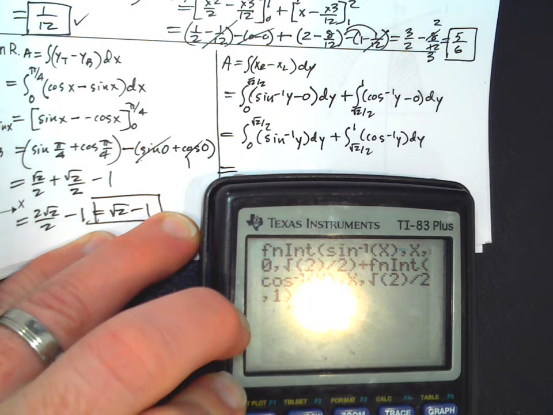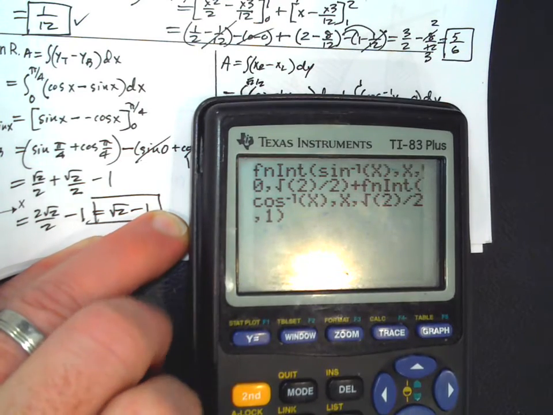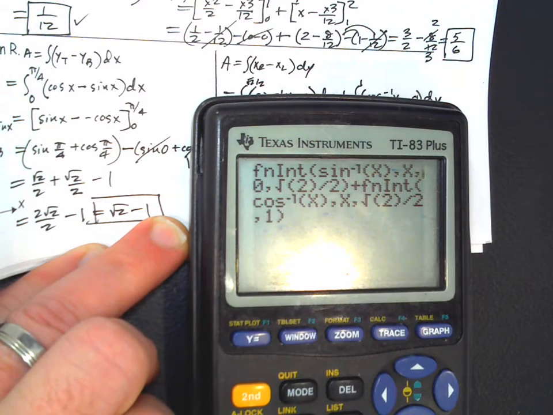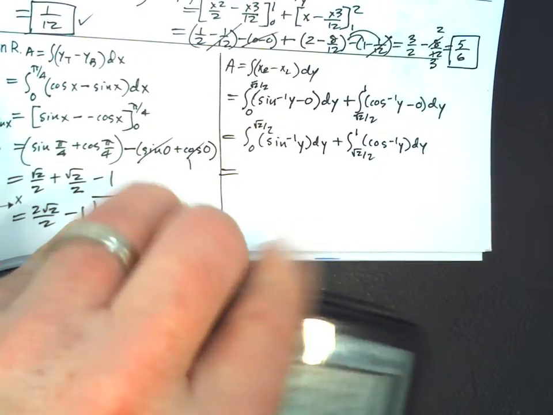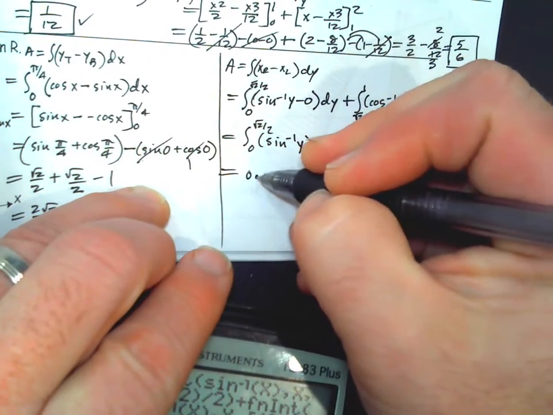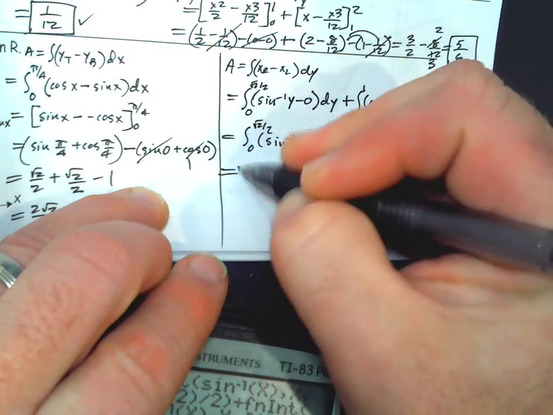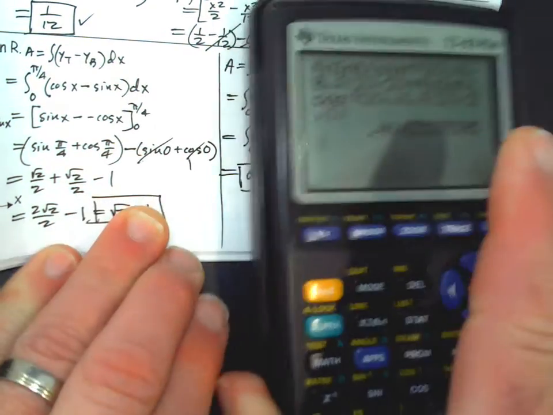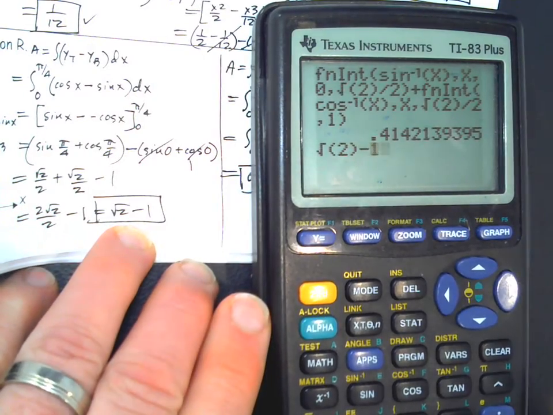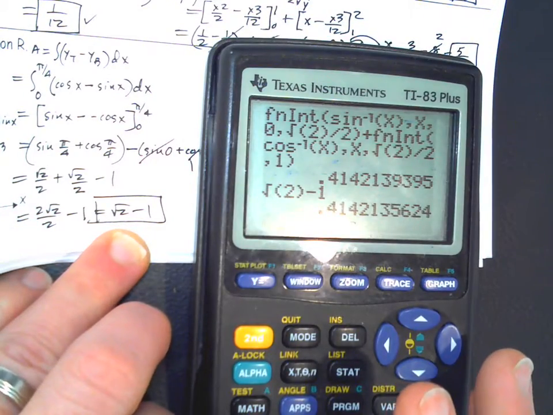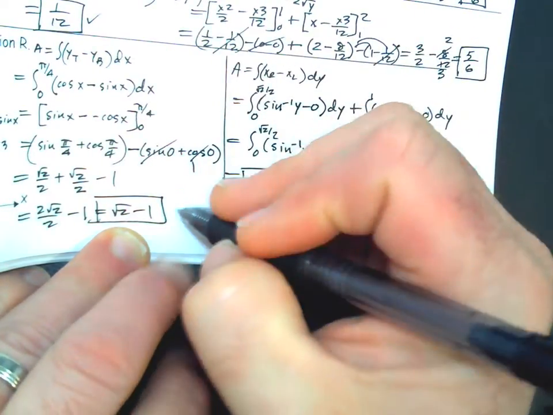This should do it. Let's see what our calculator gives us. And then we can put the other answer, 0.414. And then the other answer we got was square root of 2 minus 1. Boom. Same answer.